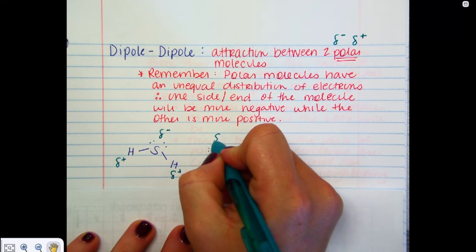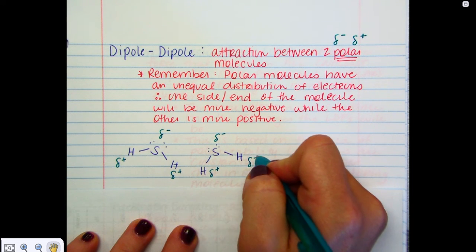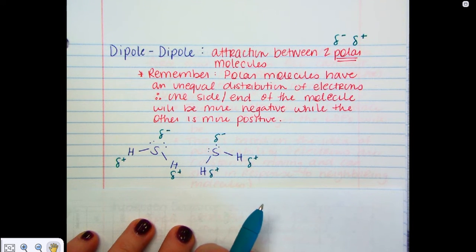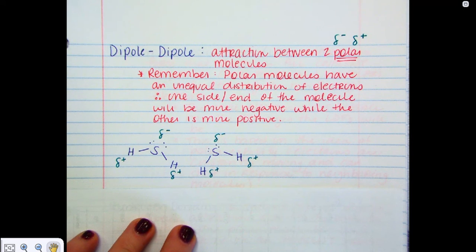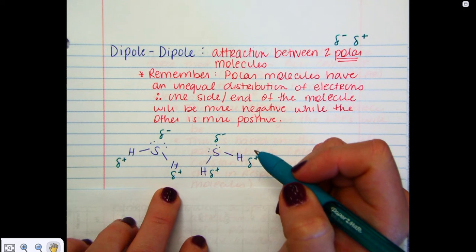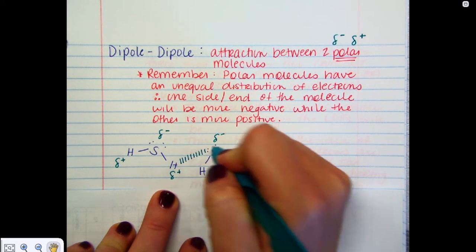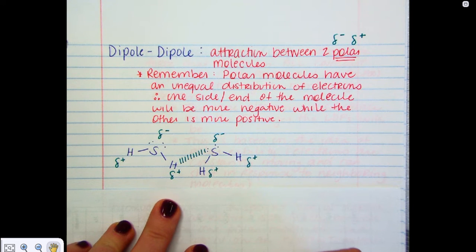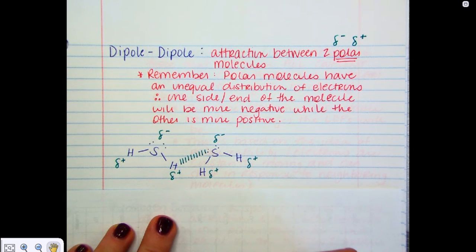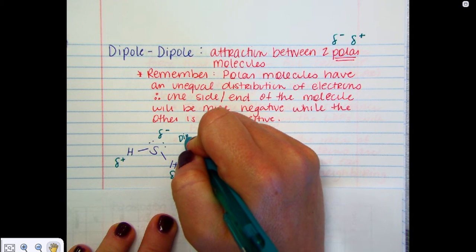And when I have two polar molecules near each other, we're going to see an attraction between those molecules. Specifically, I'm going to see an attraction between the partially positive charged hydrogen and the partially negative charged sulfur. And that attraction there is my dipole-dipole interaction. So that's my dipole-dipole.